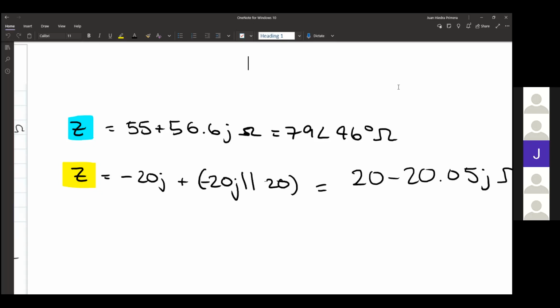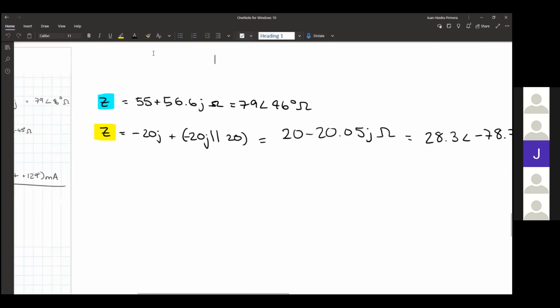Yes, and this ends up being 28.3 angle negative 78.7 degrees. Is there a parallel operator on the calculator? I don't think so, and it's an actual tragedy. It would be amazing if there were. I would love that. But sadly, there is not. The sum of two inverse is inverse. Yeah, it's pretty niche.